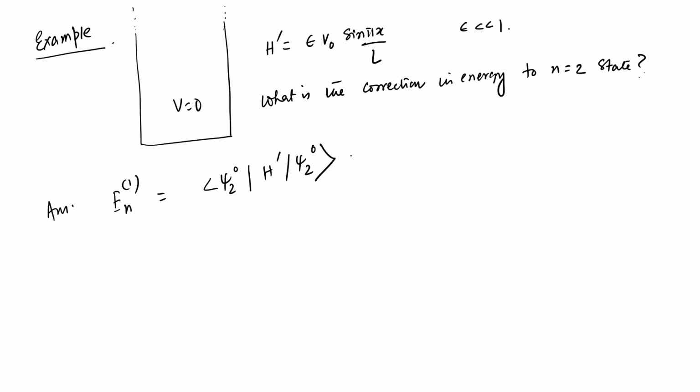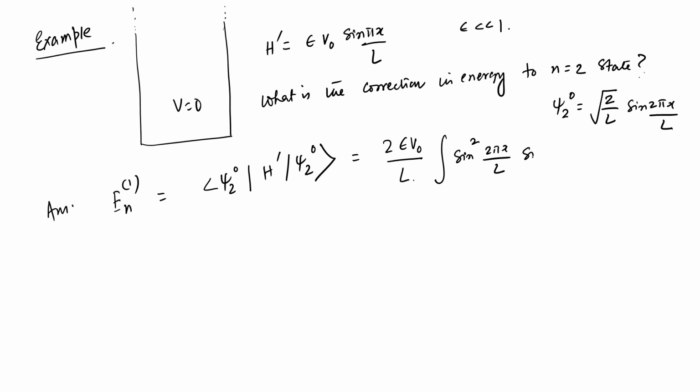We will use the n equal to 2 state as root 2 by L sine 2 pi x over L. So, we get 2 epsilon V 0 divided by L, and then sine square 2 pi x over L times sine pi x over L, integrated over dx from 0 to L. If you do this integral by converting the sine square into cosine and so on, I leave that integral to be done by you, and what you get is 32 epsilon V 0 divided by 15 pi. So, that is the energy correction to the second excited state.